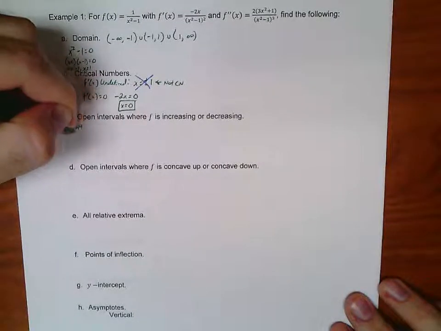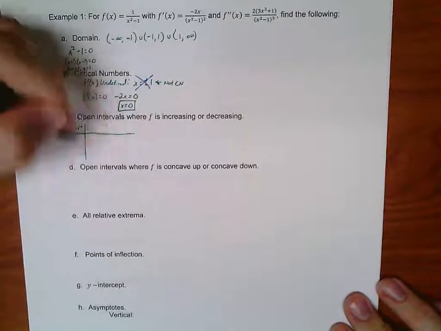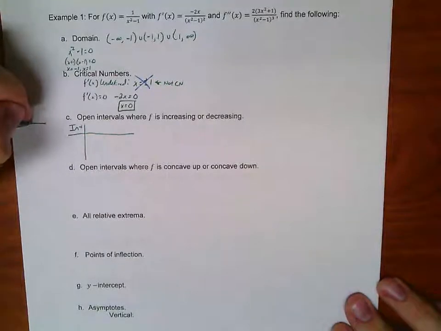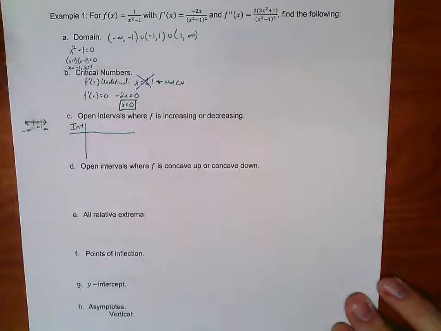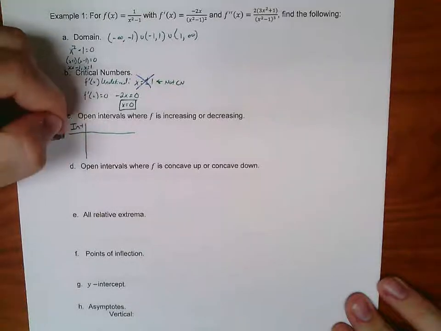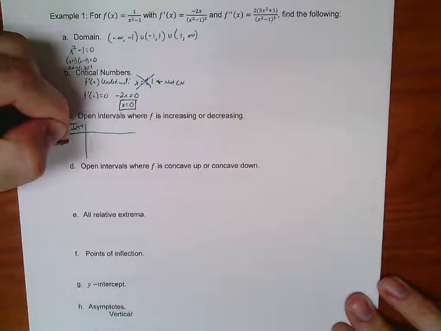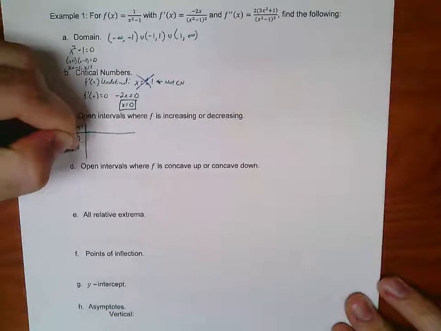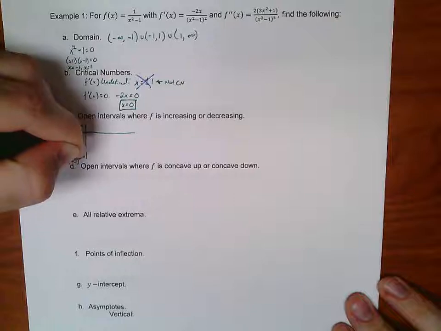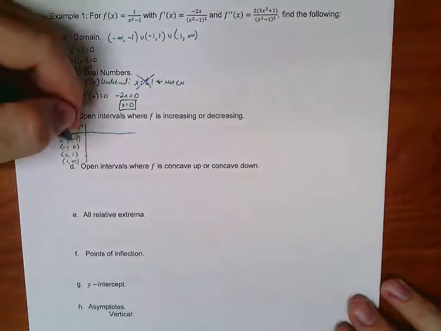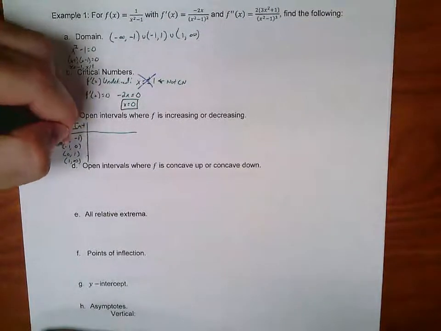If we set up our intervals on the number line, there's my negative 1 and 1, and here's my 0, in between those two. So we're going to have the intervals negative infinity to negative 1, negative 1 to 0, 0 to 1, and 1 to positive infinity to check. So we have 4 different intervals we have to check.